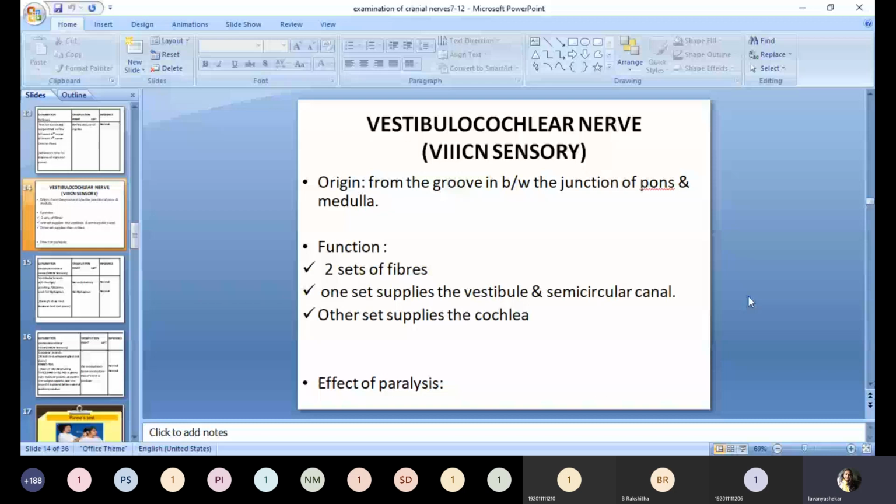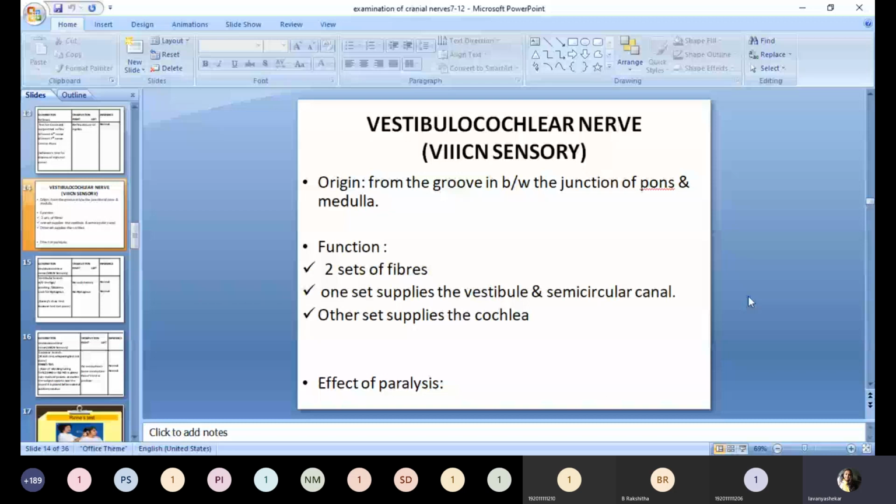In case there is a lesion or paralysis to the vestibulocochlear nerve, if there is a lesion in the set of fibers which supplies your vestibule and the semicircular canal, it results in vertigo, that is the sensation of instability. The individual will feel the sensation of rotation most of the time. He complains of dizziness and says that I'm feeling very giddy.